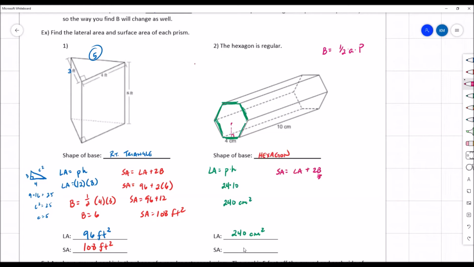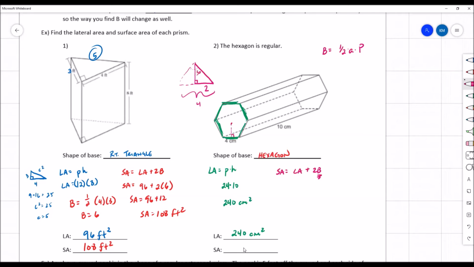In a hexagon, we had to find that central angle. It's a hexagon where our whole side was 4, and so we'll have this as 2. We can find that central angle by saying 360 divided by the number of sides, 6, which gave us 60. Split that in half, that gave us 30.